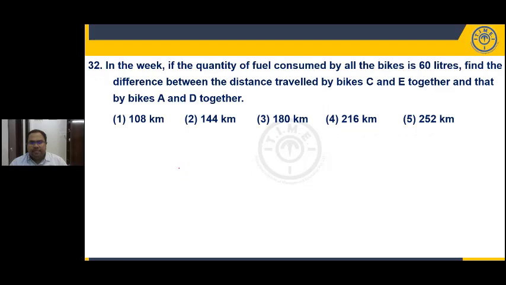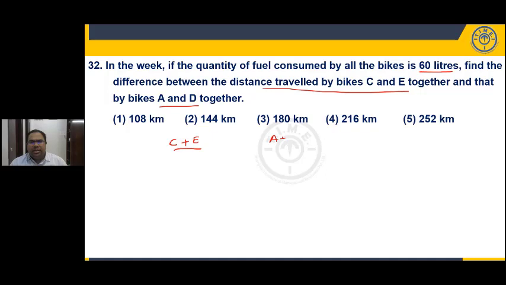Look at this question. In the week, quantity of fuel consumed by all bikes is 60 liters. Find the difference between distance traveled by bikes C and E and A and D together.